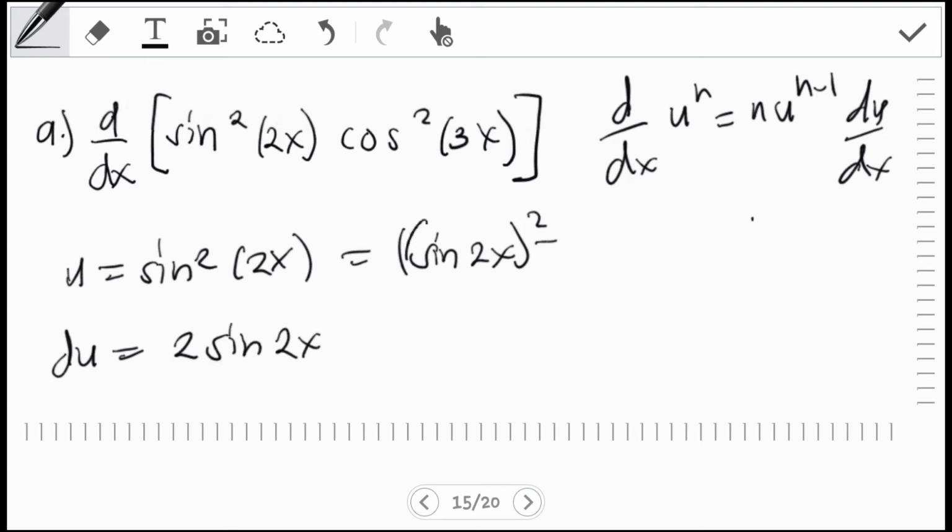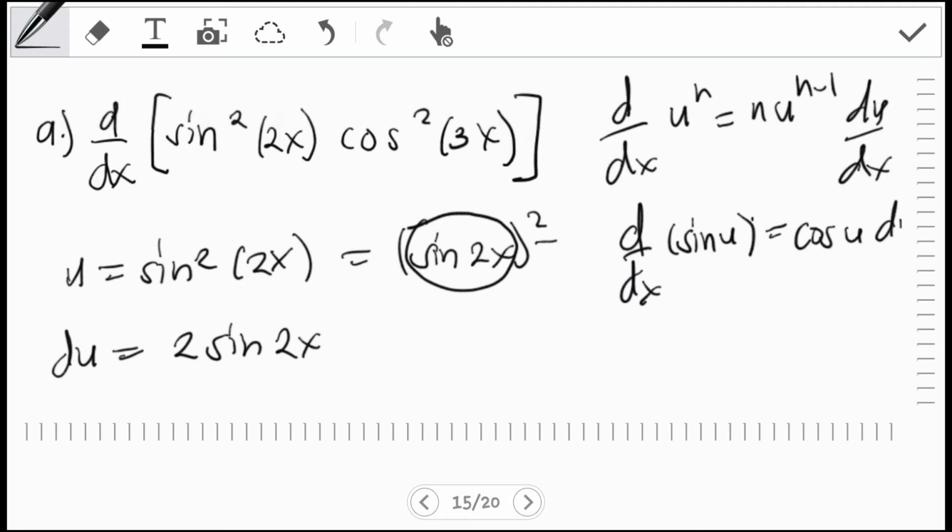And then we differentiate this sine 2x. So apply this formula, d over dx of sine u is equal to cosine u du over dx. Okay?